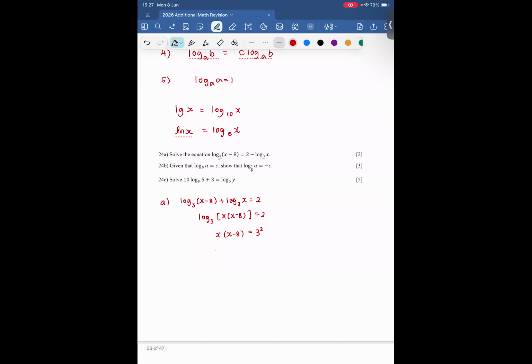Okay, what we have? x squared minus 8x minus 9 equals to 0. Okay, remember you cannot log a negative number, so you will have to reject. This is not applicable.